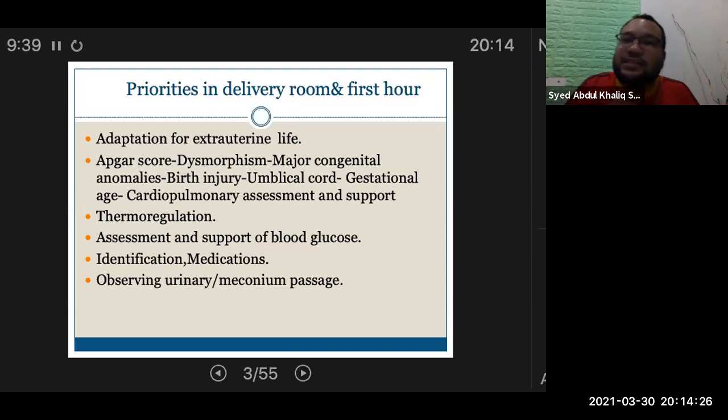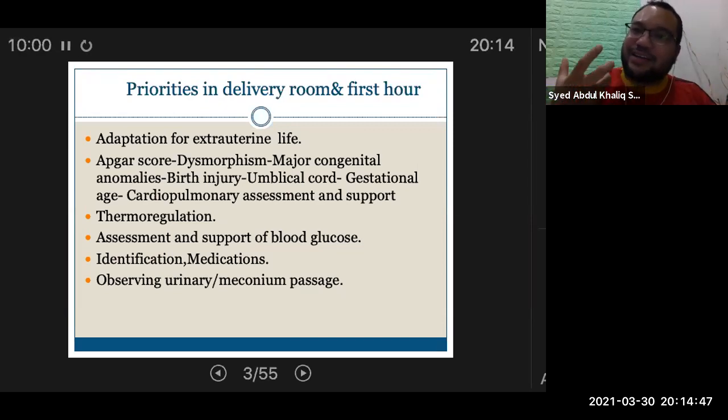So whether this transition happens or not matters, because if this transition doesn't happen, what will happen to the baby? If the pulmonary blood pressure is higher than the systemic blood pressure, what's going to happen? There'll be a right to left shunt. On the right side, before going into the lung, the blood is deoxygenated, high in CO2, low in oxygen, isn't it?